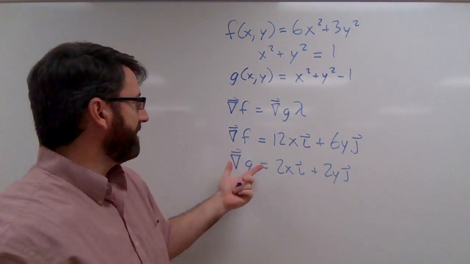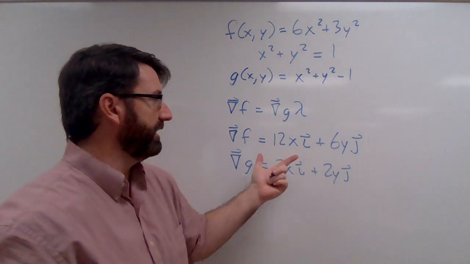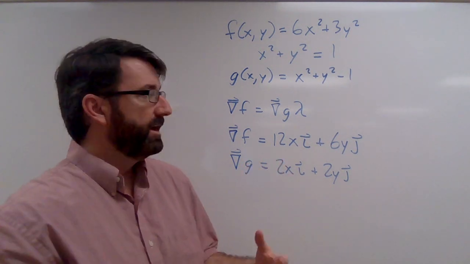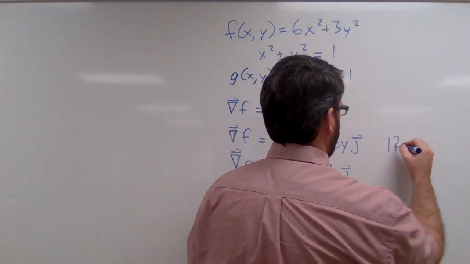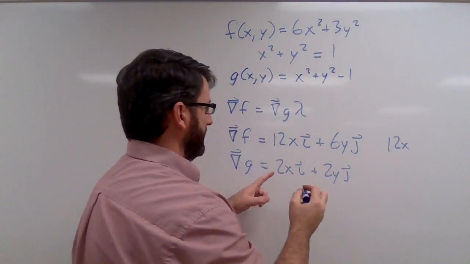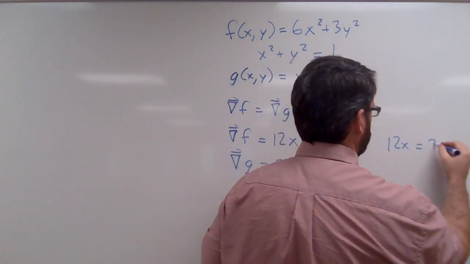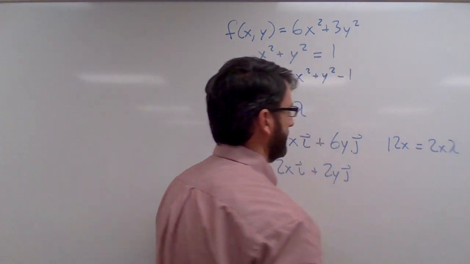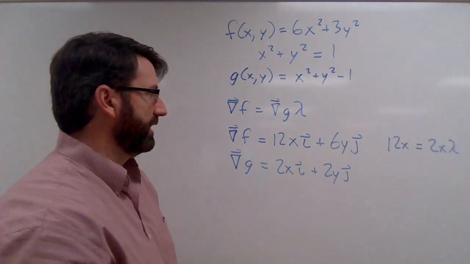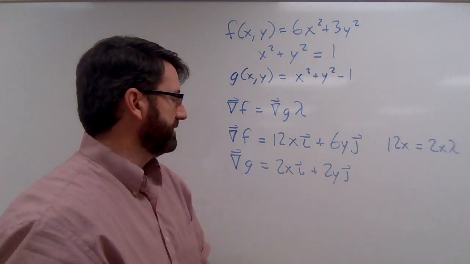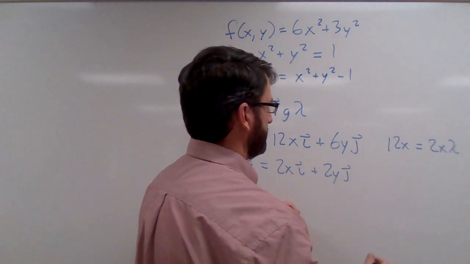And now we want the gradient of f to be equal to the gradient of g times lambda. So 12x has got to be equal to 2x times lambda, just taking the i components for each of these, and the j components have to be equal as well.